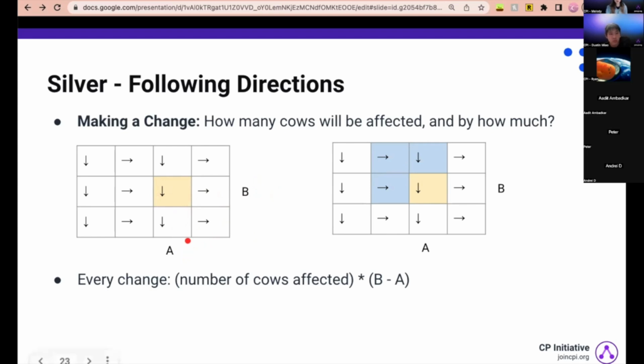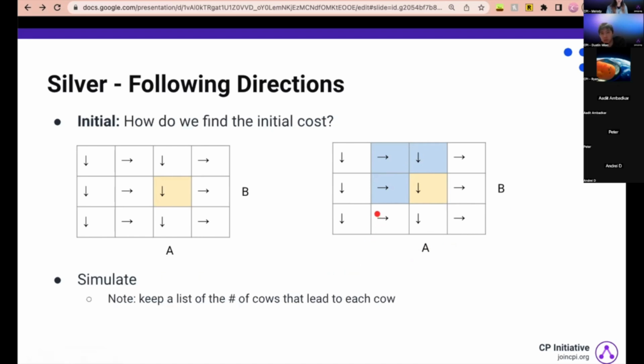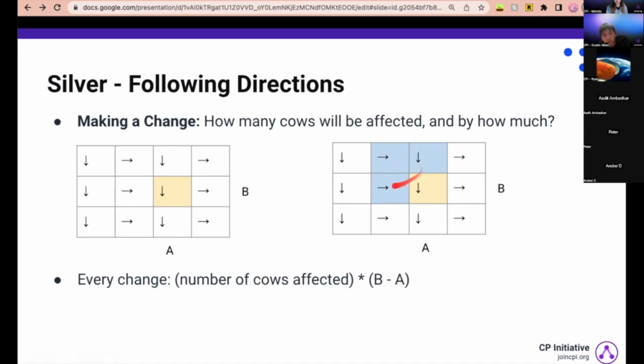But we also have to note that's not the only cow affected, because all of the cows, these blue cows, that point to this yellow cow are also switching their values from pointing to vat A to vat B. So actually, the cost of changing this arrow is the number of cows affected, which is, from our previous slide, the number of cows that lead to this cow, or these blue ones, plus 1, because this cow itself is affected, and then times B minus A.